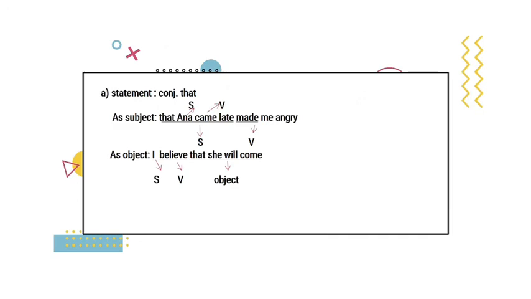A. Statement, conjunction that. As subject, that Anna came late made me angry. Anna subject, came verb, late, made jadi verb. That Anna came late jadi subject. As object, I believe that she will come. I jadi subject, believe jadi verb, and that she will come jadi object.